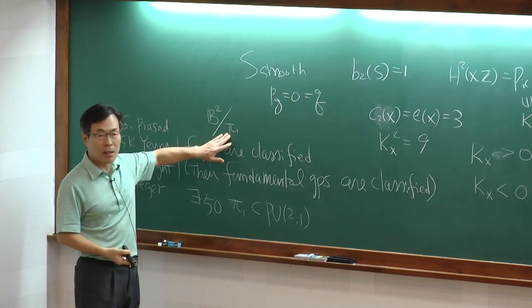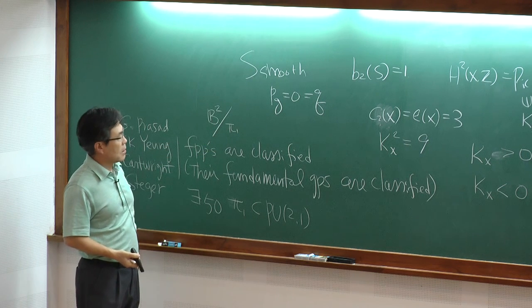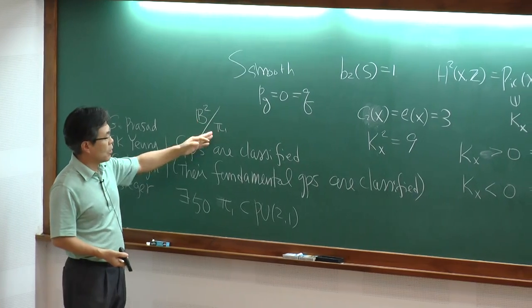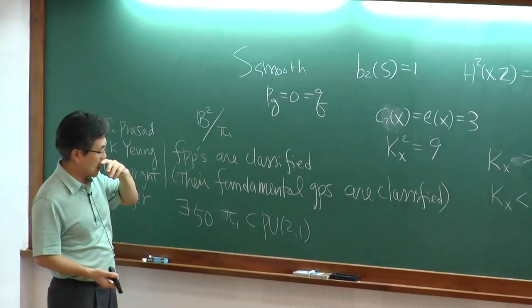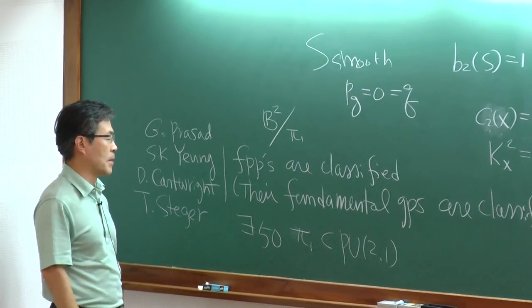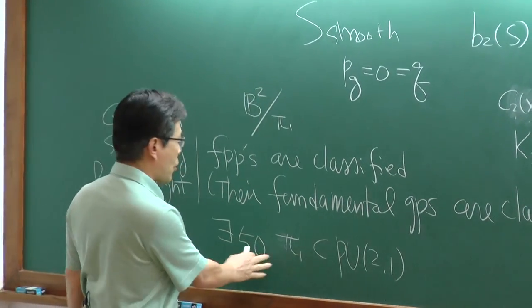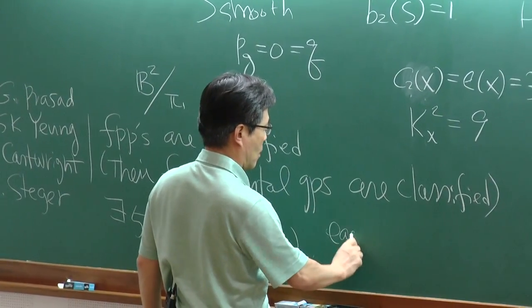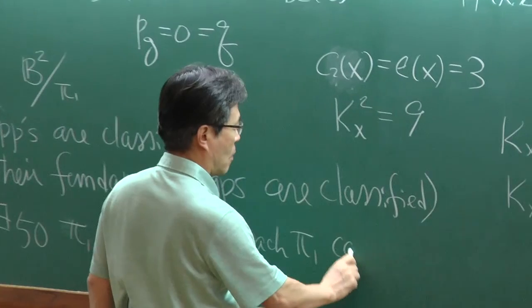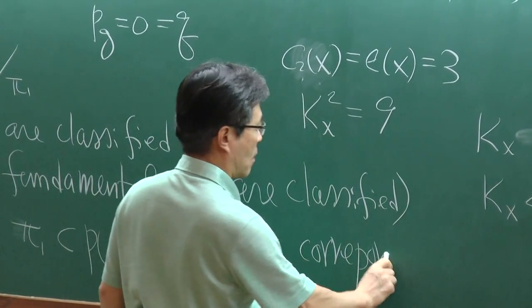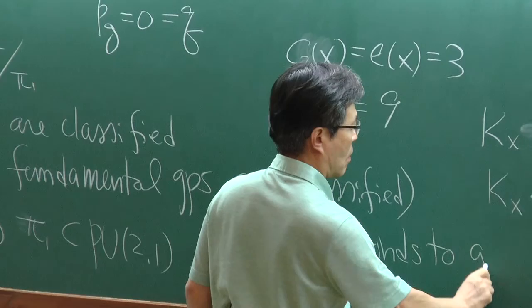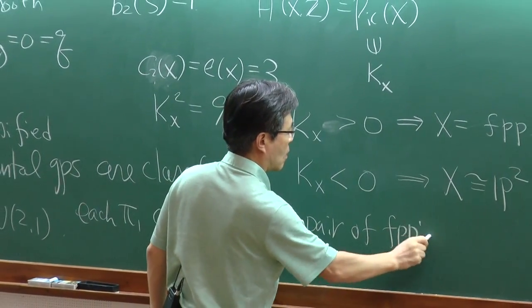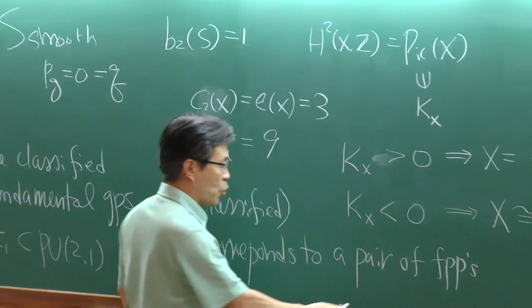It's co-compact arithmetic, acting freely on B2, and whose co-volume is 3. And each fundamental group corresponds to a pair of fake projective planes; they are mutually conjugate.